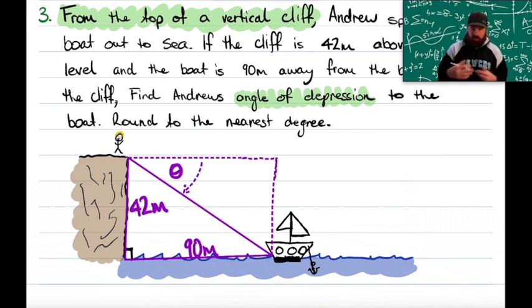Now, if it's a rectangle, sorry, that's a really dodgy rectangle, what I know is that if it's 90 meters across the base, it's also 90 meters across the top. And if it's 42 meters high on one side, it's 42 meters high on the other side.